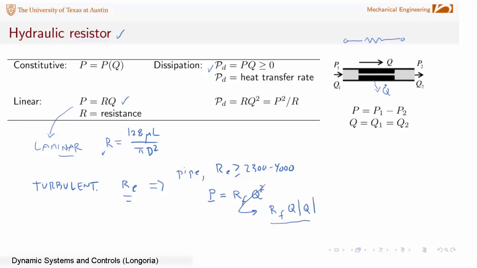Instead of using a quadratic, which is not a symmetrical function, we may use q times q, but with an absolute value. This gives you the sign. Think about when you plot that. Then it looks quadratic on this side, and it's quadratic in the first and third quadrants of that function. Anyway, I'm plotting here P versus Q. So this is like a turbulence function, and this is a laminar function.